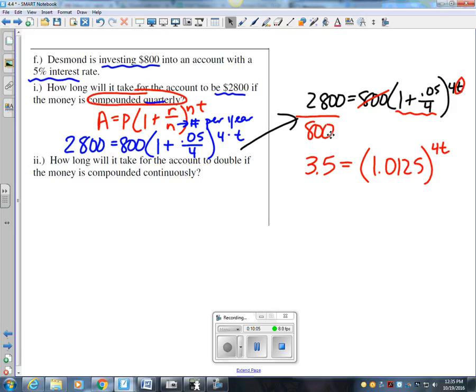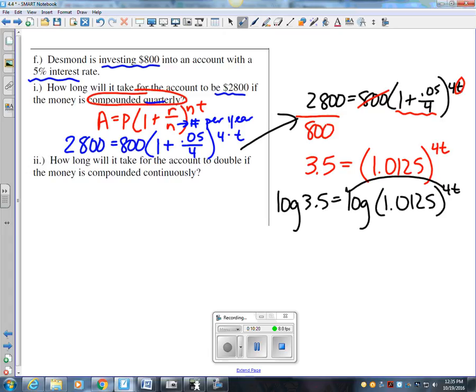That's like having x in the exponent. So if t is in the exponent, you've got to take the log. So log of 3.5 equals log 1.0125 to the 4t. So the whole purpose of doing that is so you can throw your 4t out front. So log of 3.5 equals 4t log of 1.0125.